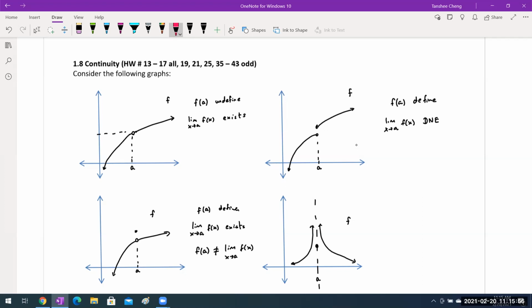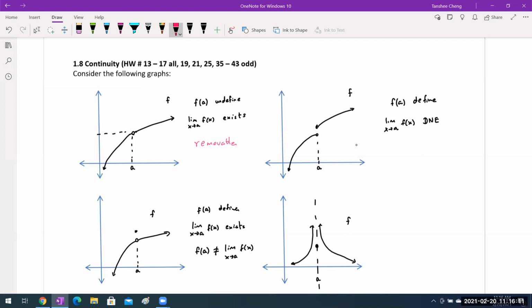So this type of discontinuity is called removable.